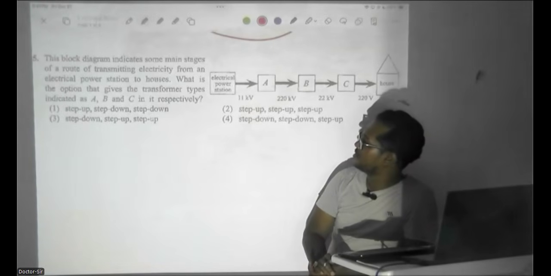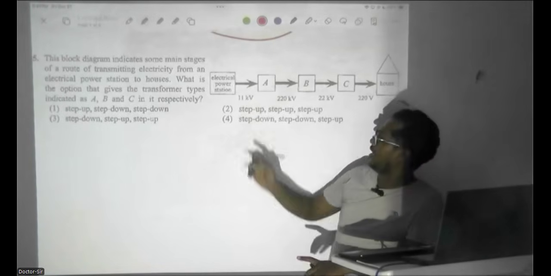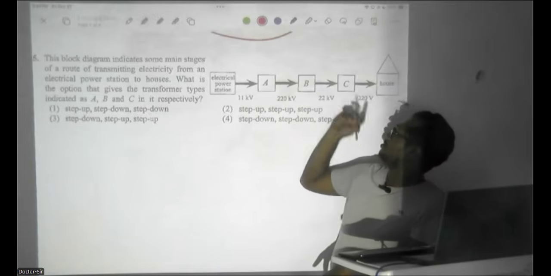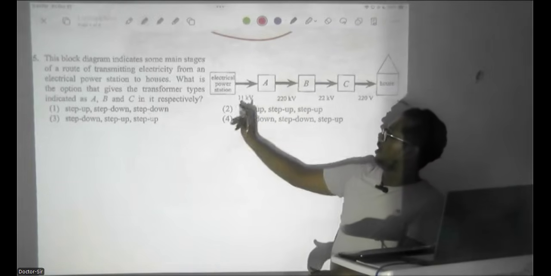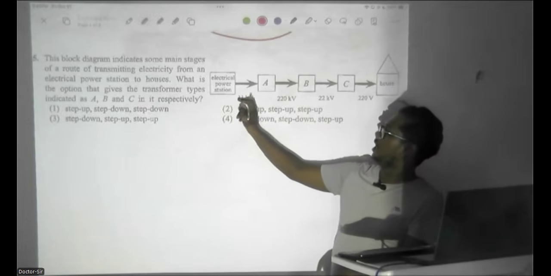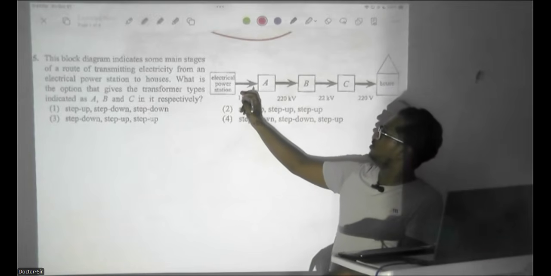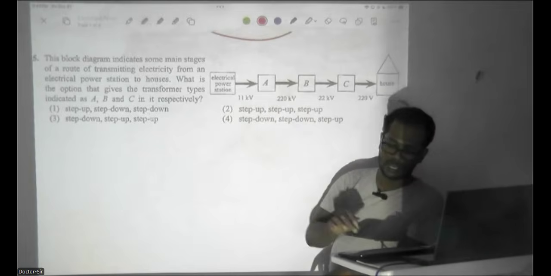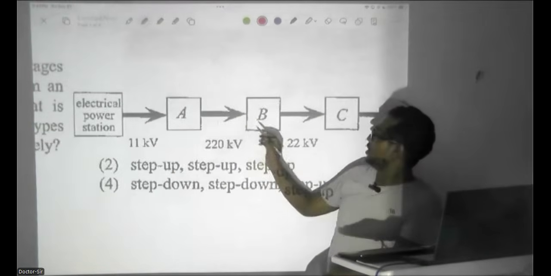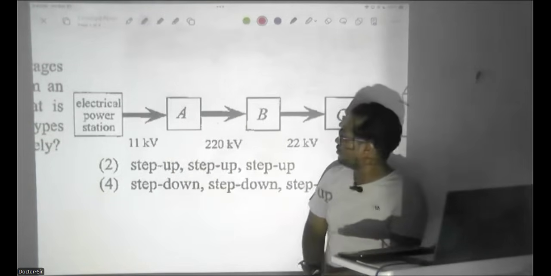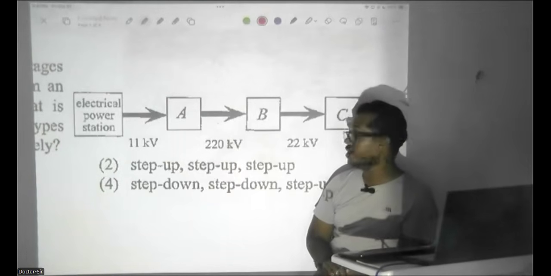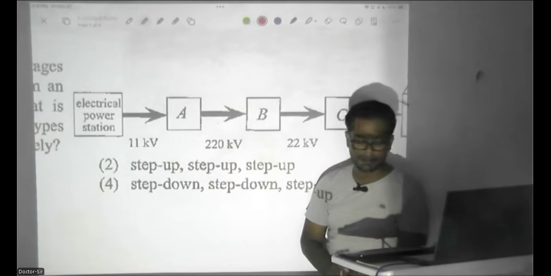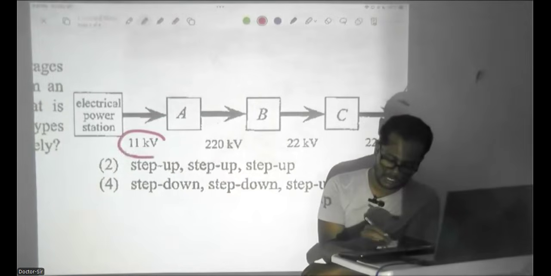Now, what is the option? Give the transformer types indicated as A, B, and C. What's happened here? 11 kilowatt is the input here. Then the output is 220 kilowatt.